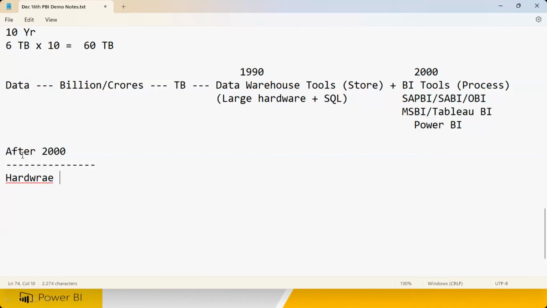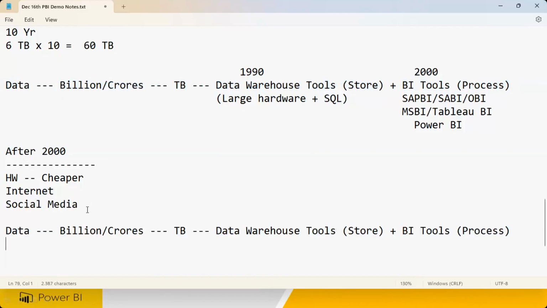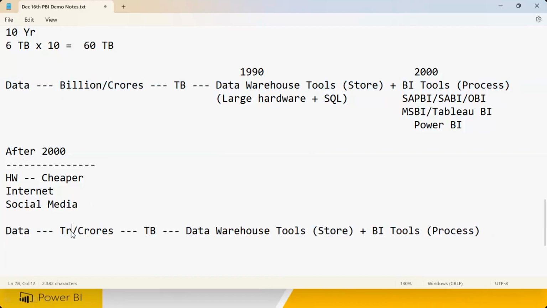Your computers became very cheap, inexpensive, and the internet was introduced, and people have social media, right? People slowly got addicted to social media, the entire world. Because of this, the data started coming in not only billions, it started coming in trillions. Trillions of data we were able to get.